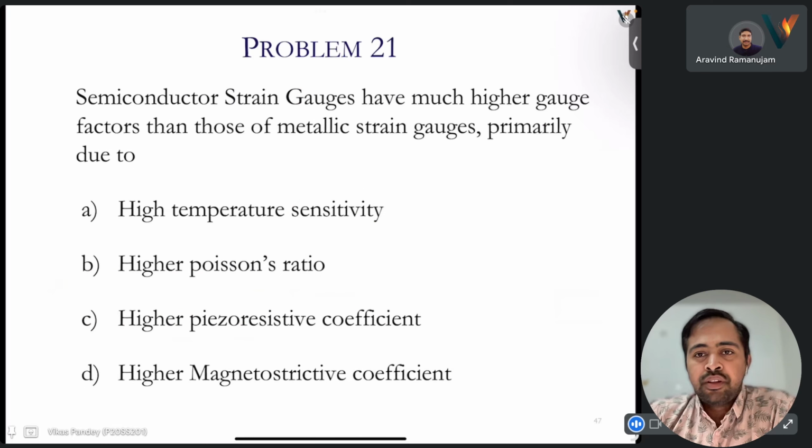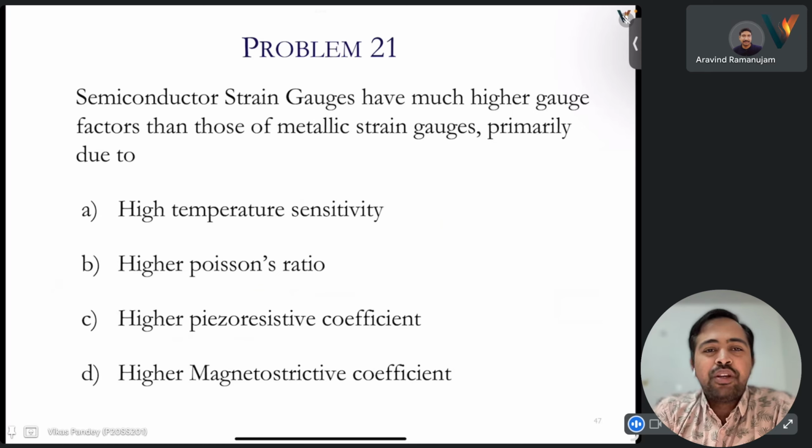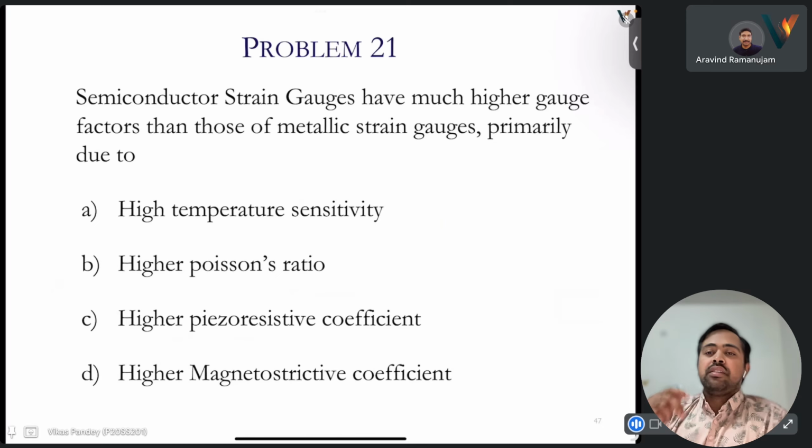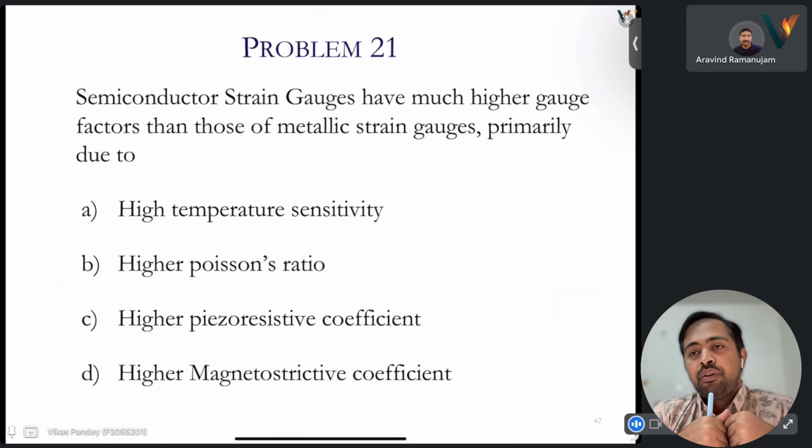Why are we getting a higher gauge factor in the case of semiconductor compared to metallic? The reason is that they are internally piezoresistive, whereas metals simply have this delta R upon R.